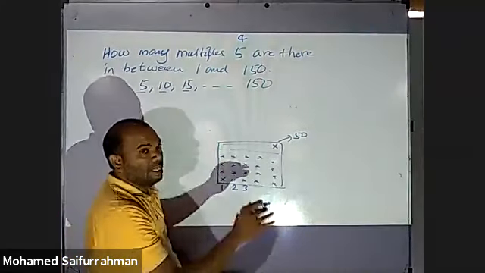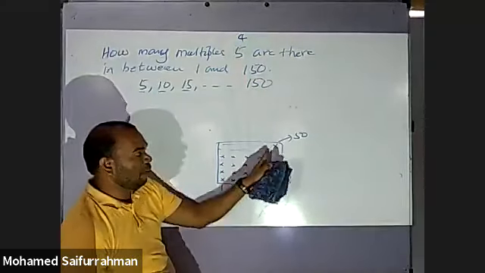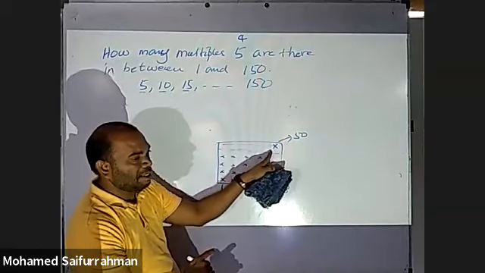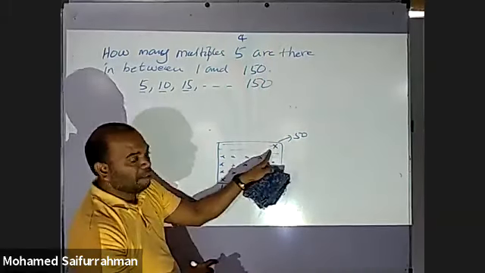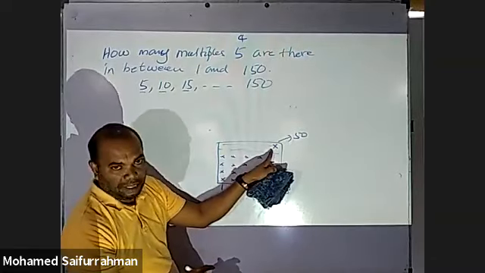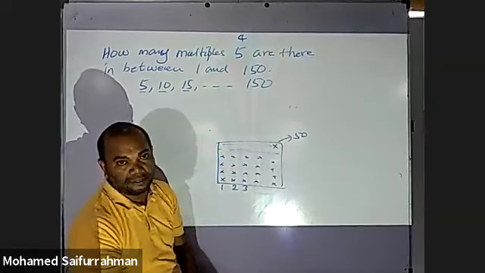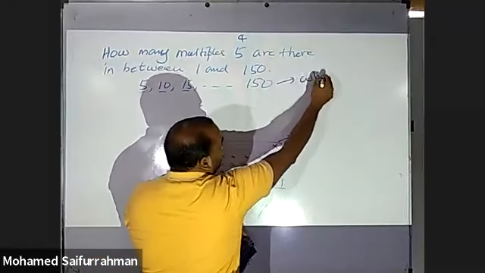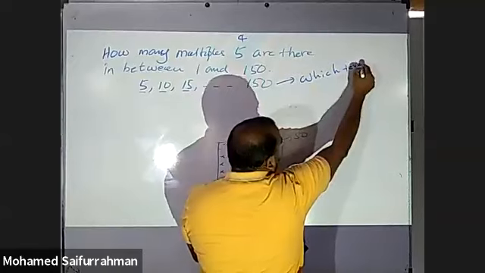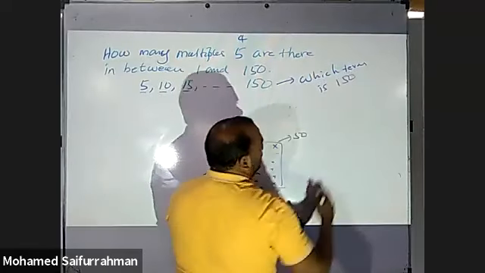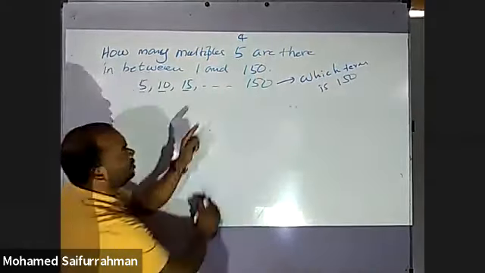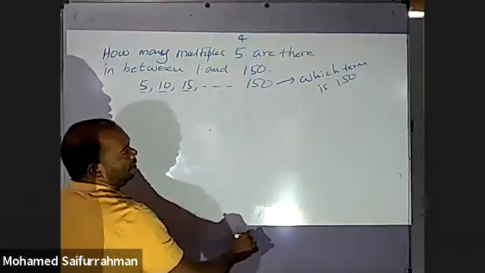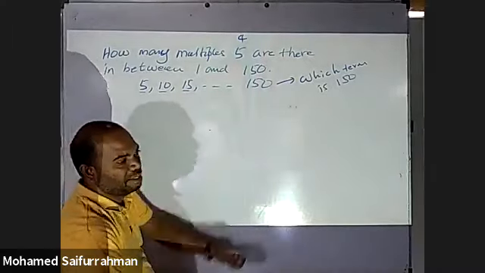We need not count one by one. If you can find the number of the last term, for example 50, it means there are 50 students. Here, how many terms are there? Let's find which term 150 is. What is the number of this term? Then, using that, we can answer the question.